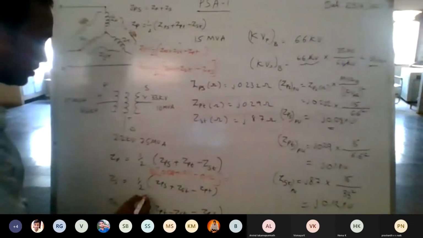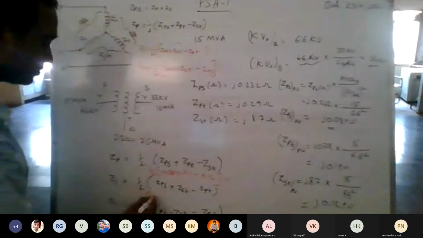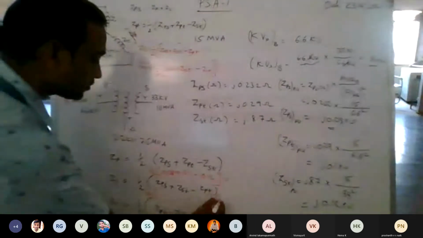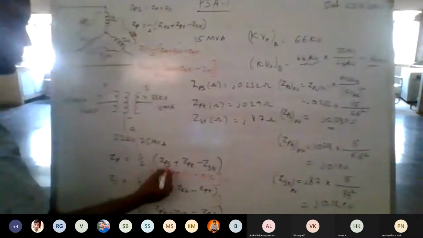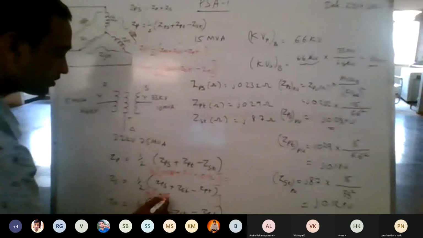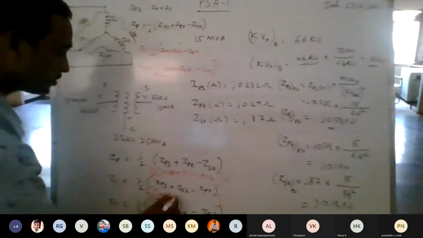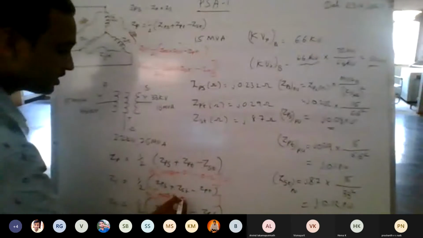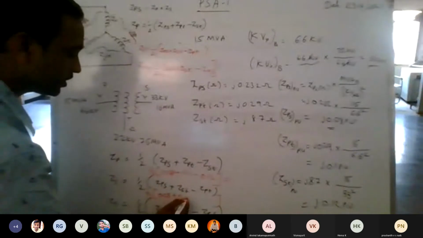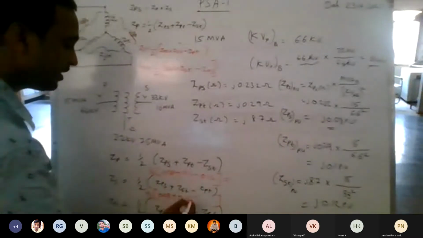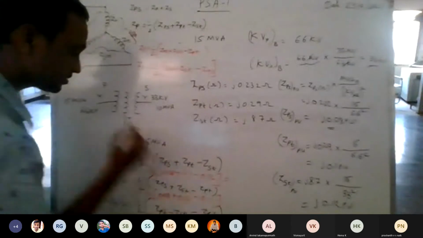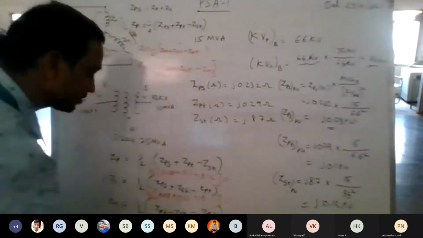Similarly here, J by 2 into ZPS is 0.08 plus ZST is minus 0.12 and ZPT is 0.1. Calculate it.